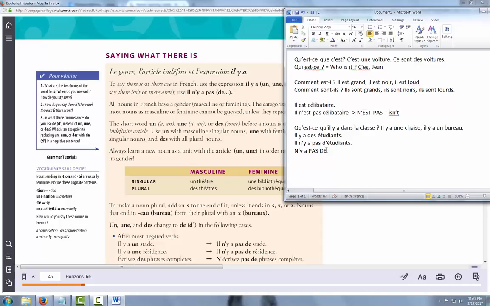It means not any. There are not any students. Watch what happens here. Étudiant starts with a vowel, so you're going to have to drop the e in pas de and put an apostrophe. And the whole sentence becomes il n'y a pas d'étudiants. Okay? Just to say there are no students. D'accord?